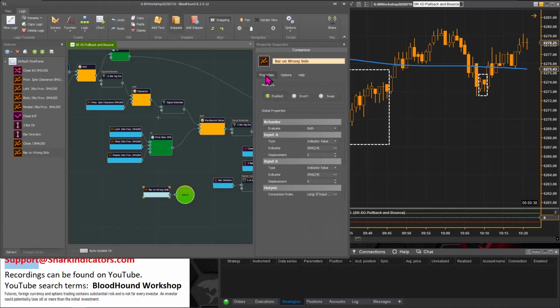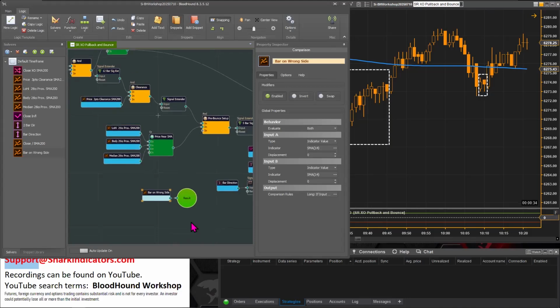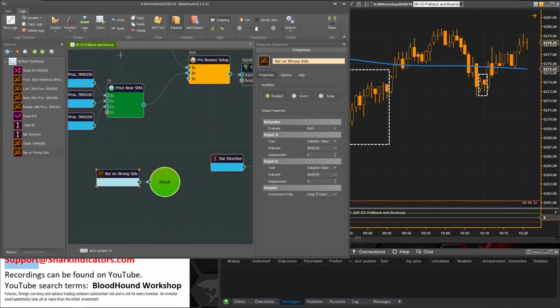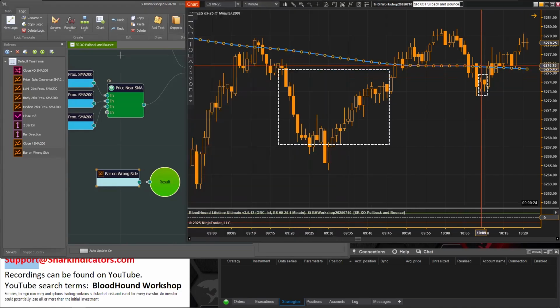All right, now let's go back to the Properties tab here. And so the way that we know a bar is on the wrong side, right, is the high price is going to be below our SMA. Or if it's the reverse situation, the low price is going to be above the SMA.